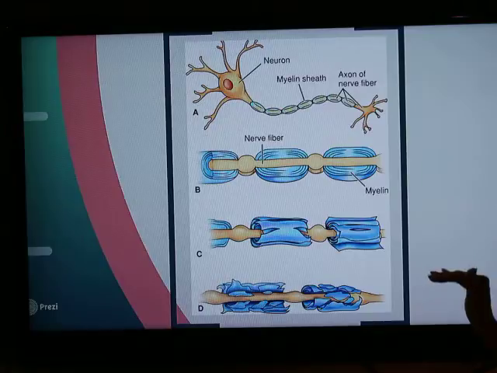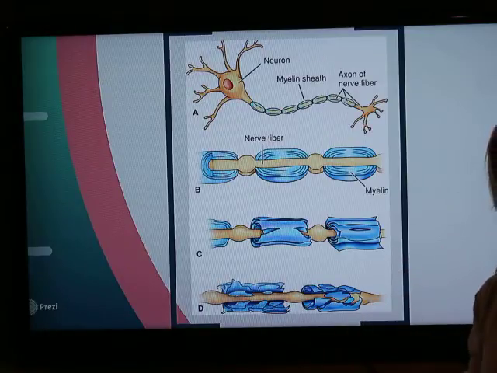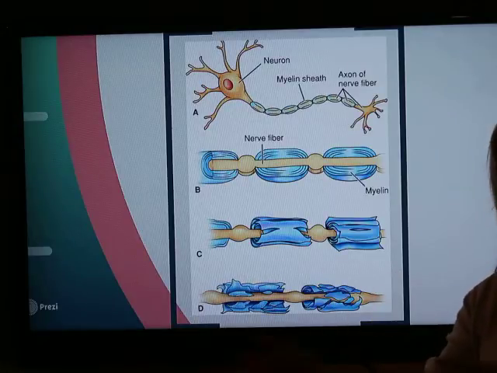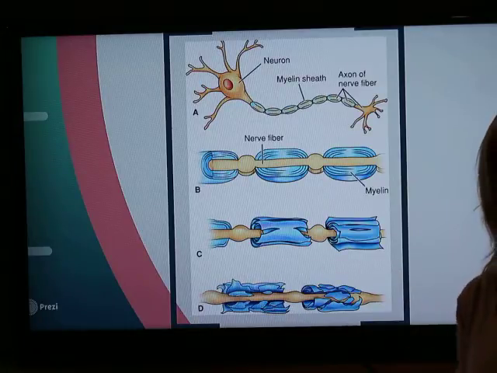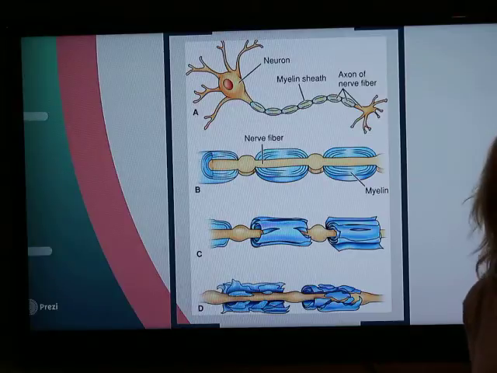So what you'll see in MS, it typically shows up in the 30, 40, 50 range, tends to occur to women more than men. And typically the patient just starts getting fatigued.